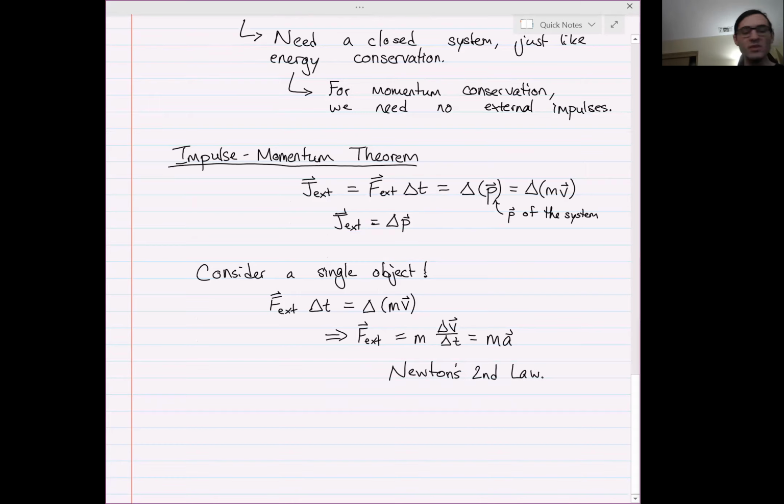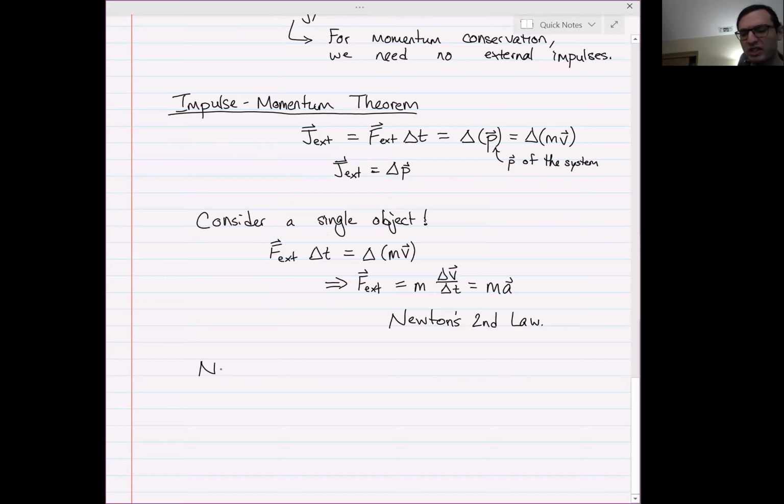Now, just as a note, when we were talking about energy conservation, there was this sense that thermal energy was a way of dissipating energy. Like you would have friction and that would dissipate energy of the system. You could lose potential energy or kinetic energy due to friction. Such a thing doesn't exist for momentum. You can't dissipate momentum.